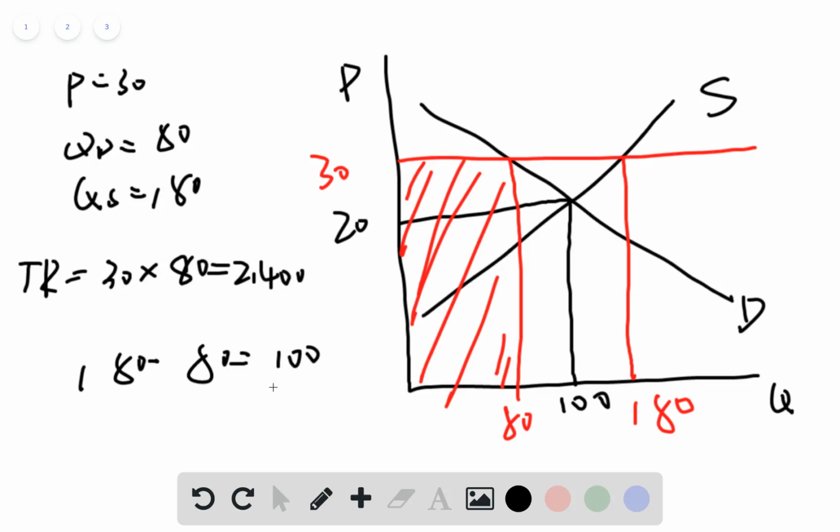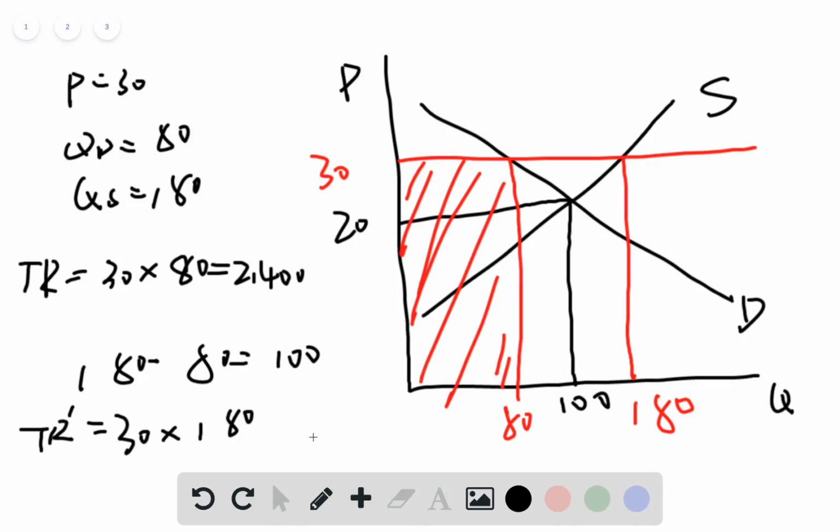Okay. So if the government needs to buy these 100 units from the producer, first, how much will be the total revenue received by the firm? So let's say it's total revenue prime, to distinguish from the earlier one. So the market price is still $30, but now the firm can sell 180: 80 bought by the consumers and 100 bought by the government. So what's the exact number there? You could calculate it yourself.